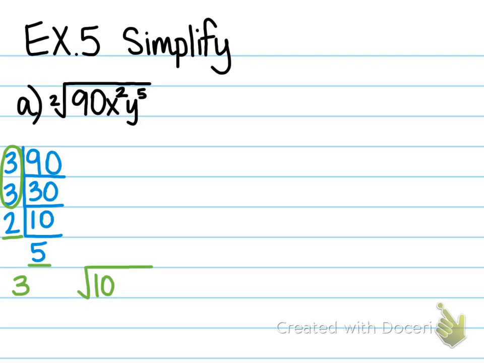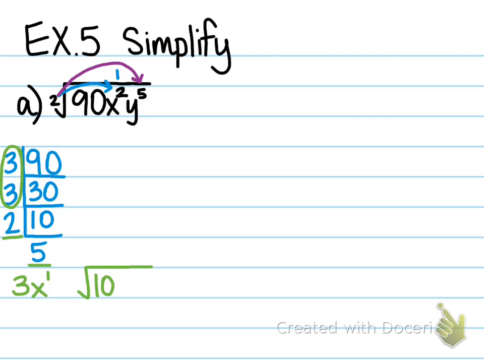Now let's do the variables. When I'm doing variables, I think of it this way. Since this is a square root, I think, 2 goes into 2 how many times for the x's? Well, 2 goes into 2 one time. So that's going to be an x to the first power that gets to come outside. Then for the y's, 2 into 5.